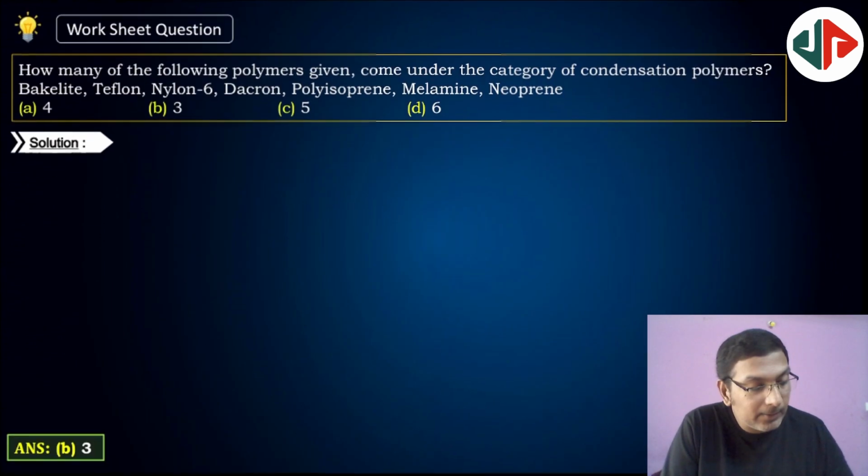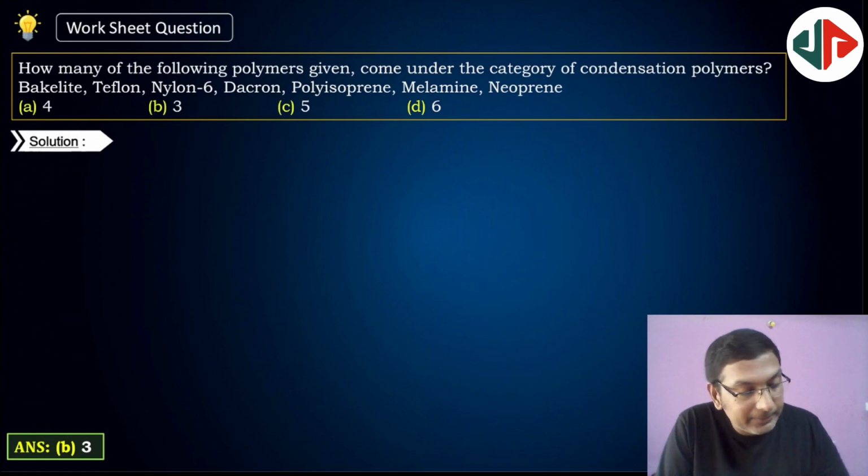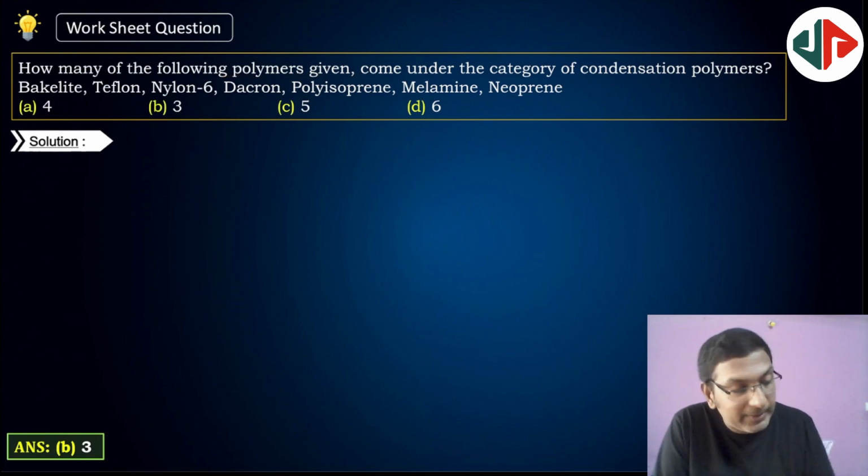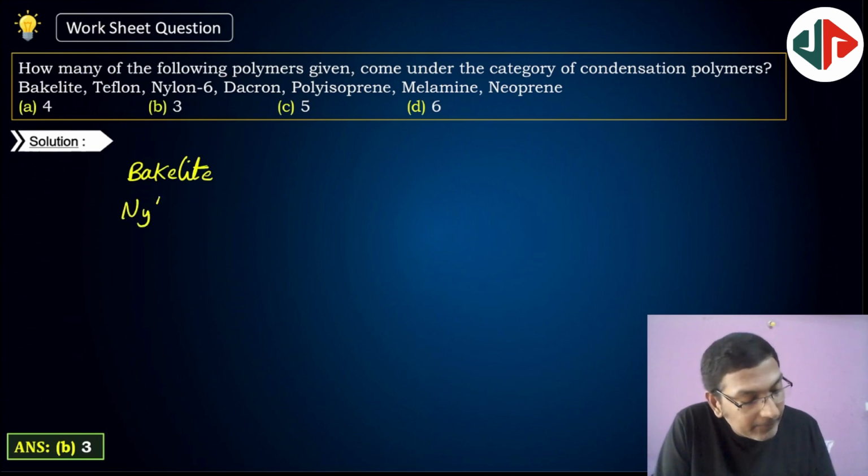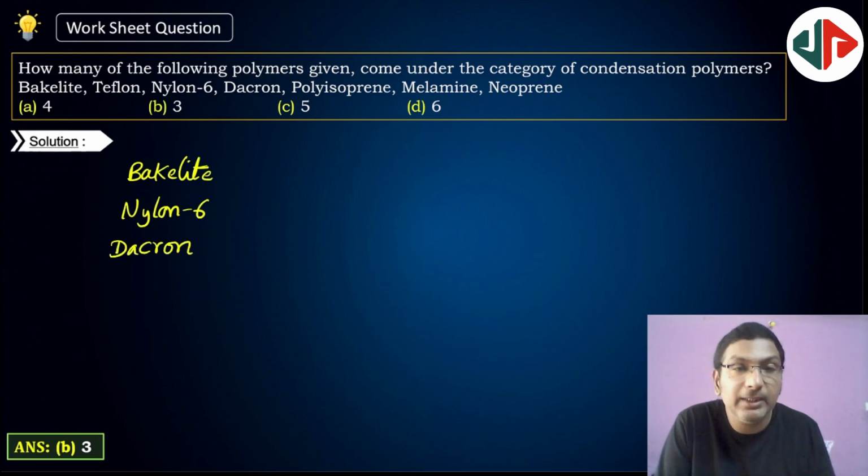Next. How many of the following polymers given are condensation polymers? Bakelite, nylon 6, Dacron or terylene, melamine.